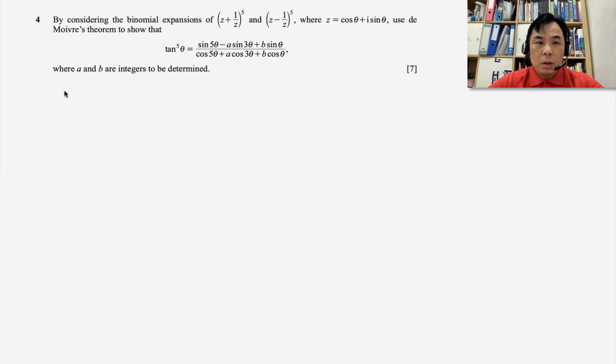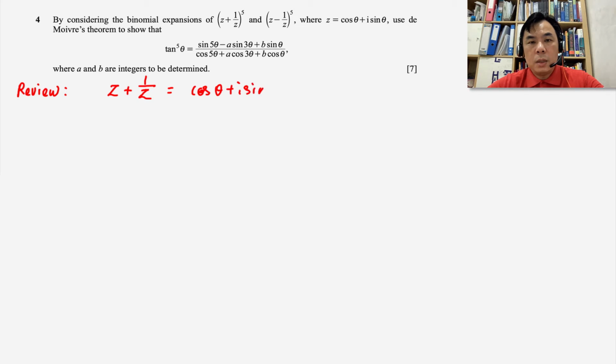Now we're going to start off by considering z plus 1 over z here. One thing I need to clarify or review is that you can actually substitute the cosine and the sine. Just as a recap, we know that z is cosine theta plus i sine theta.